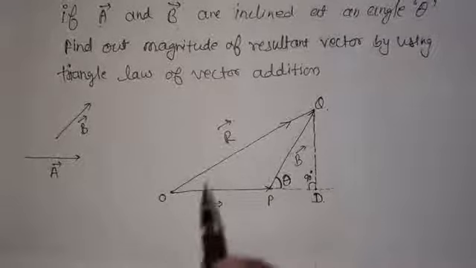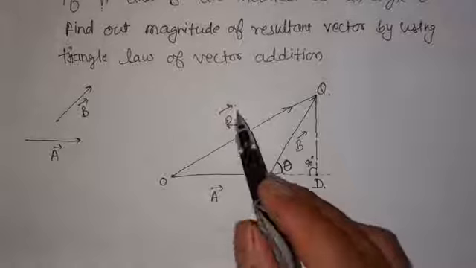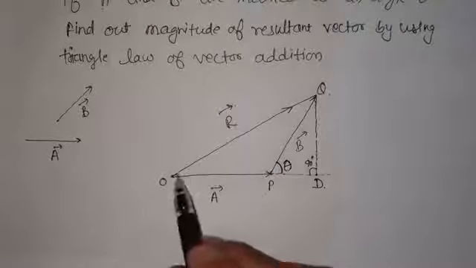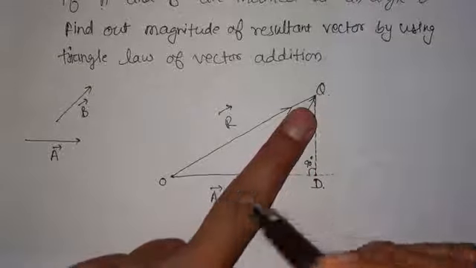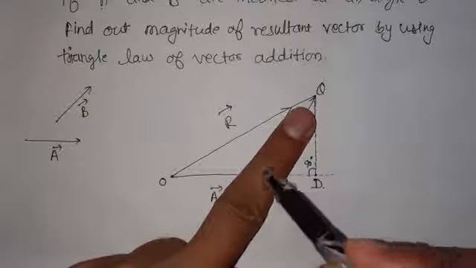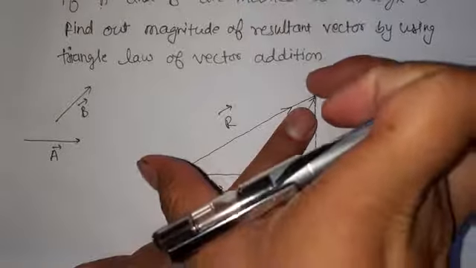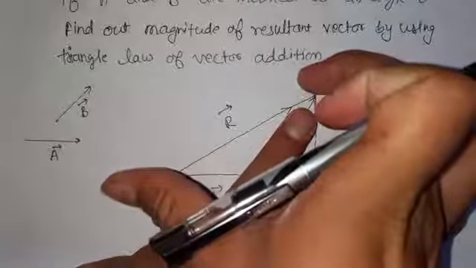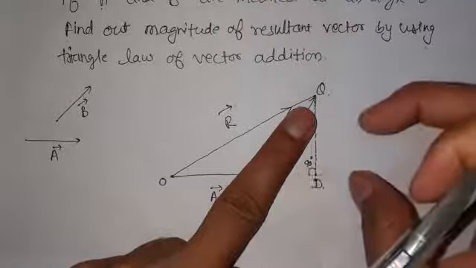Now our demand is to find this resultant vector. If I hide this one line, we can see that this is going to be a right angle triangle. In a right angle triangle, the longest side is given by the square root of the sum of squares of the two other sides.